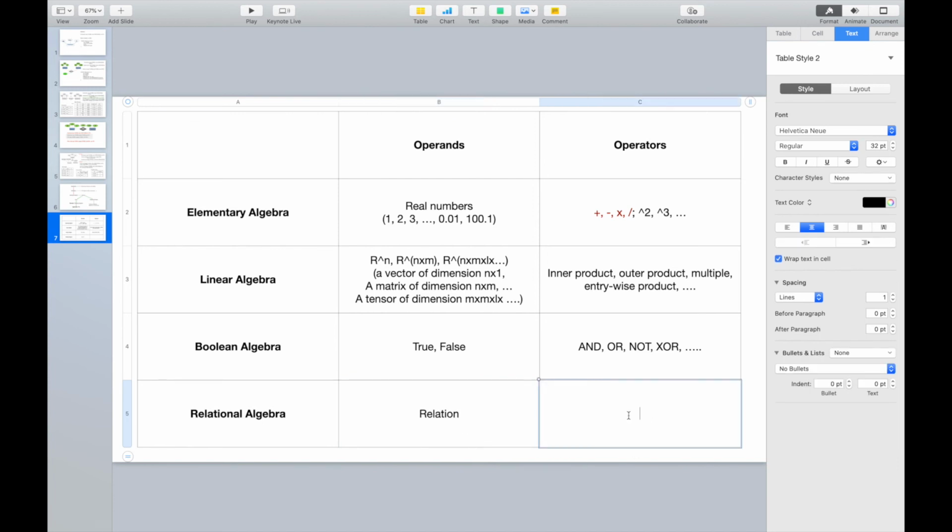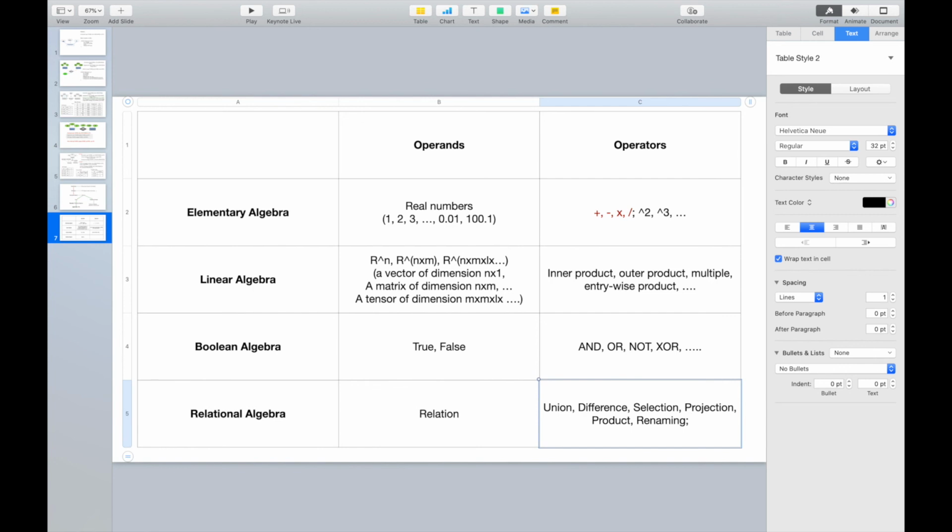For the relational algebra, we can define some basic operators, which include the union and difference. These are two basic set operators. Besides this, we also have selection, projection, and product, as well as renaming.